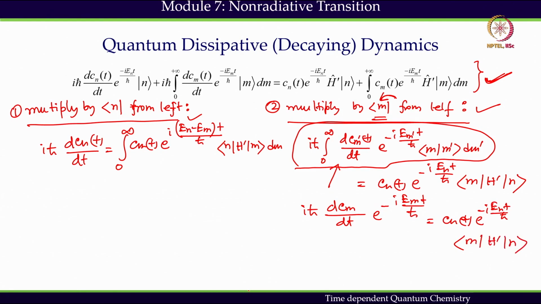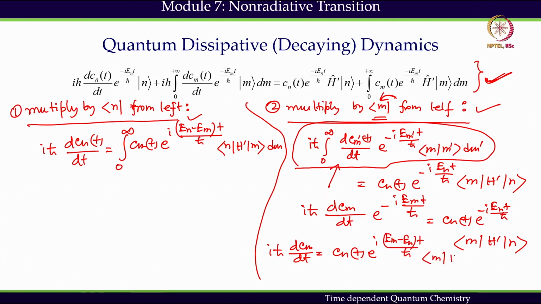So this is the reduced form of this part of the expression, which can be further reduced as i h cut dCm/dt equals Cn(t) e to the power i (Em minus En)t by h cut Hmn.